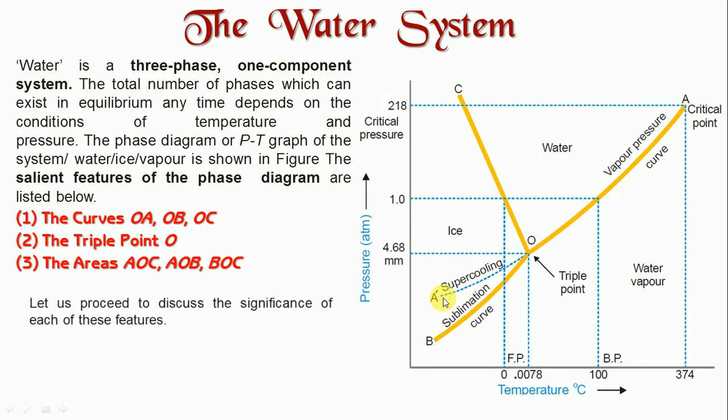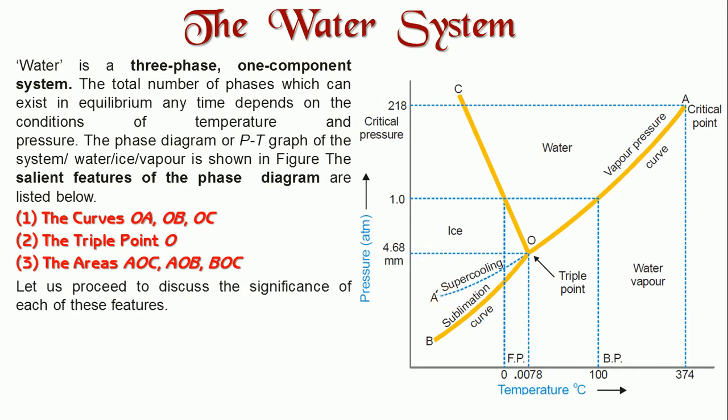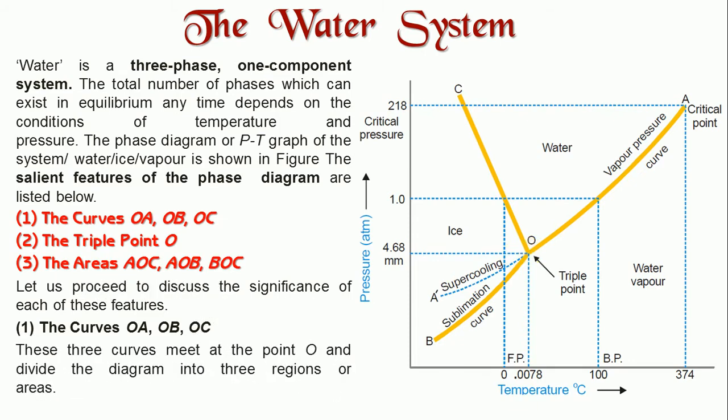Now let's proceed to discuss the significance of each of these features. Number one is the curves, and you can see that it has three curves, OA, OB, and OC. Each curve represents at least two phases.